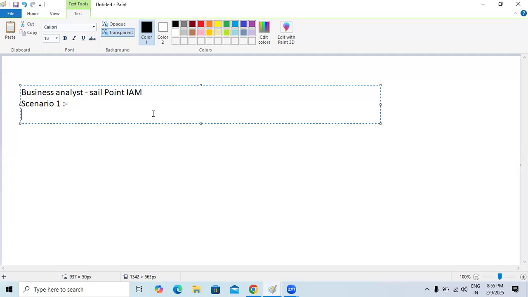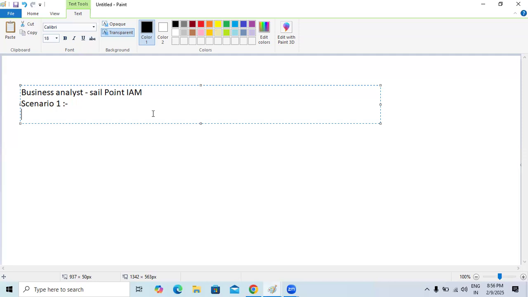These are the key features implemented by us as a business analyst in SailPoint. This is something you can say, because they may ask whether you have any knowledge of the features or not. So this is something we can explain to the people.